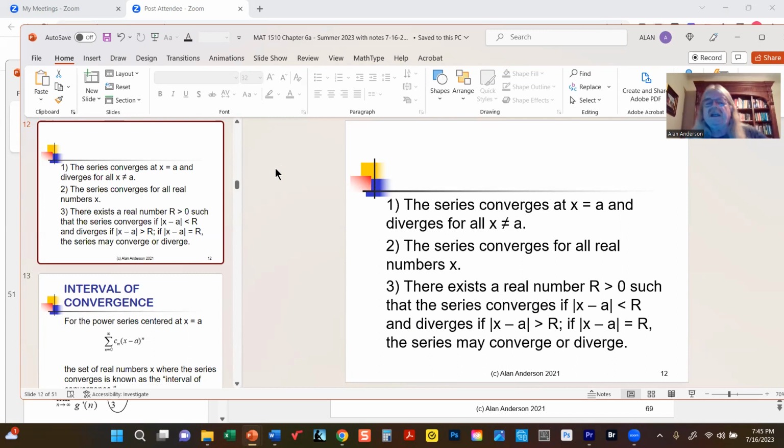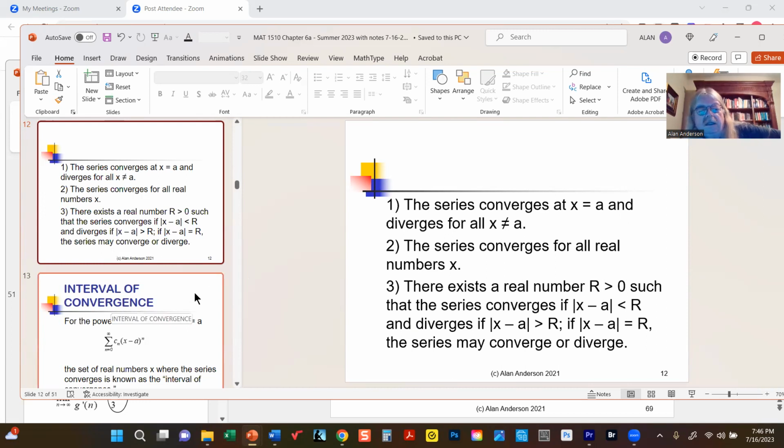So you've got the three cases: only at the center, everywhere, or just within a given interval. Now, the interval is defined in terms of R. That capital R determines the range within which it converges, and then everywhere else it diverges.